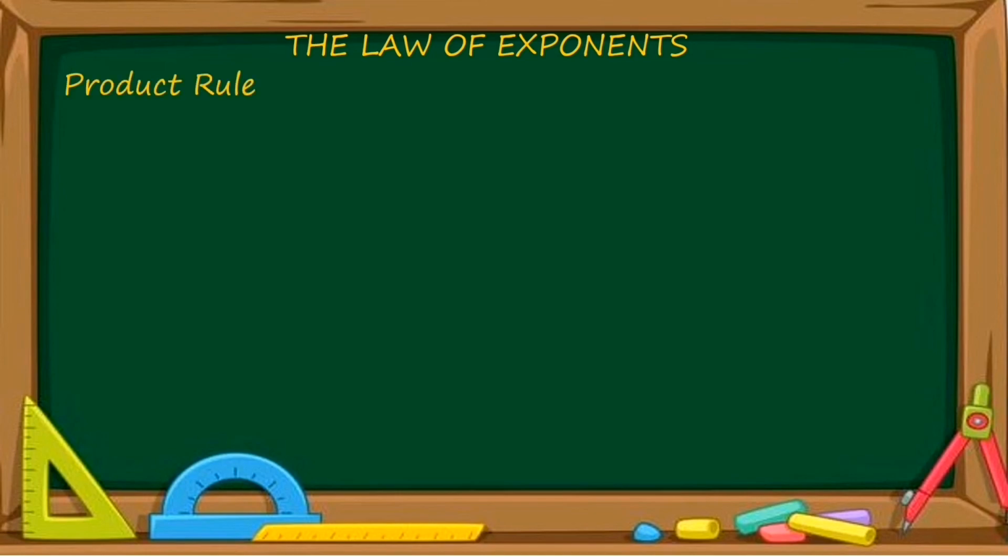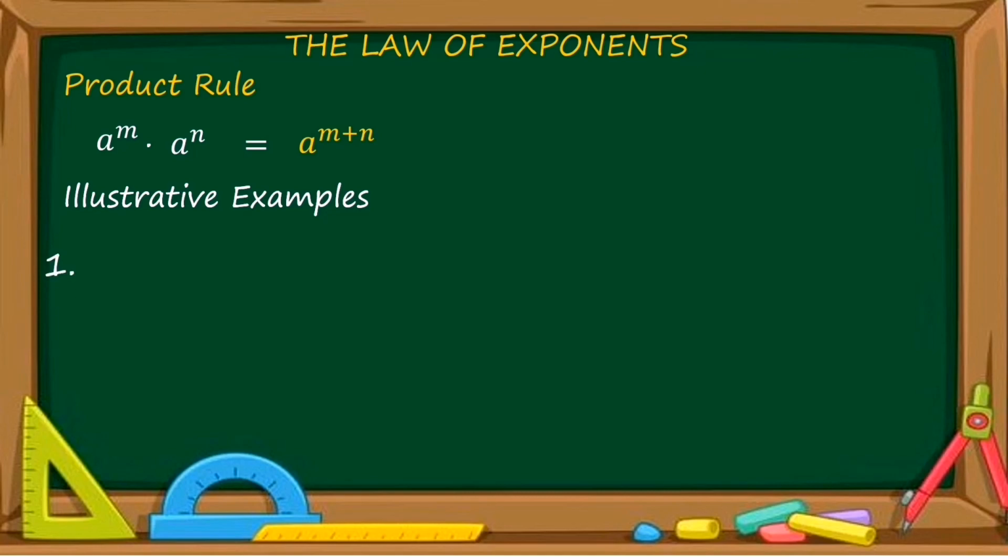Next, we have the product rule. A raised to m times a raised to n equals a raised to m plus n. Illustrative examples. Number 1. 5 raised to 2 times 5 raised to 4 is equal to 5 raised to 2 plus 4.